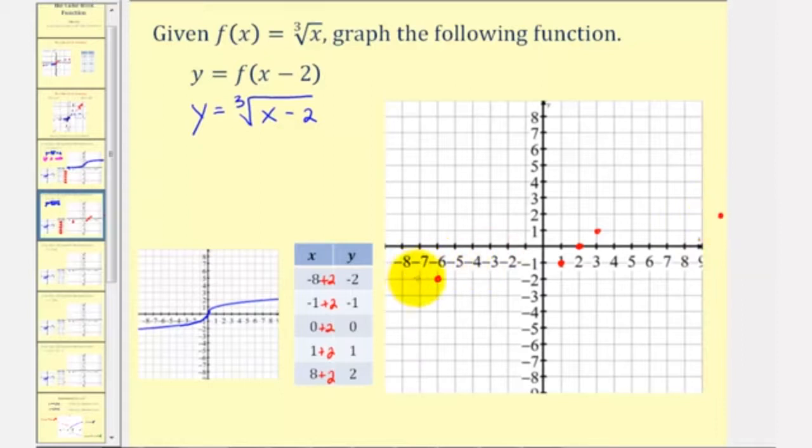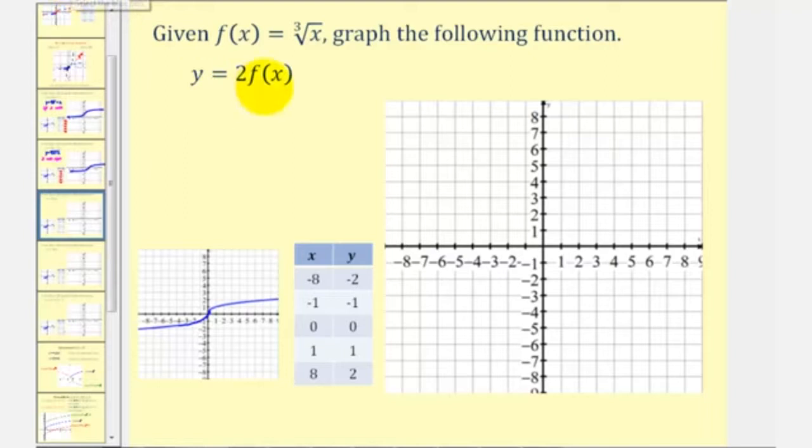So our graph would look something like this. Because we added 2 to every x coordinate, this graph is the graph of the basic cube root function shifted right 2 units. If we have the cube root of the quantity x plus 2, it would shift the graph left.